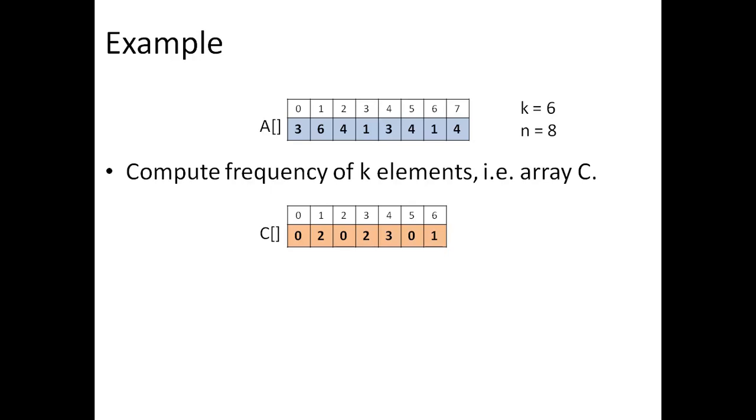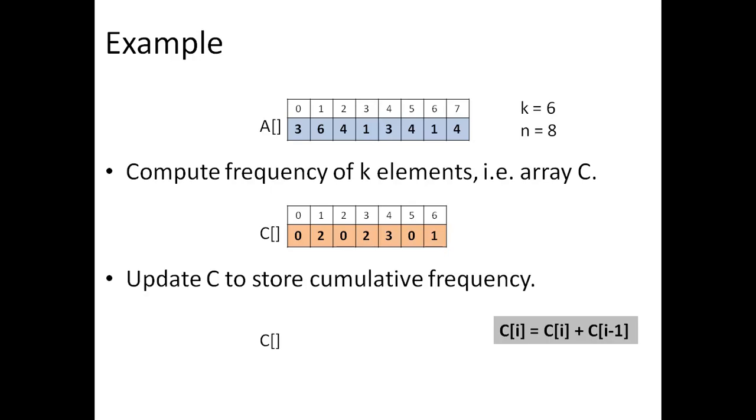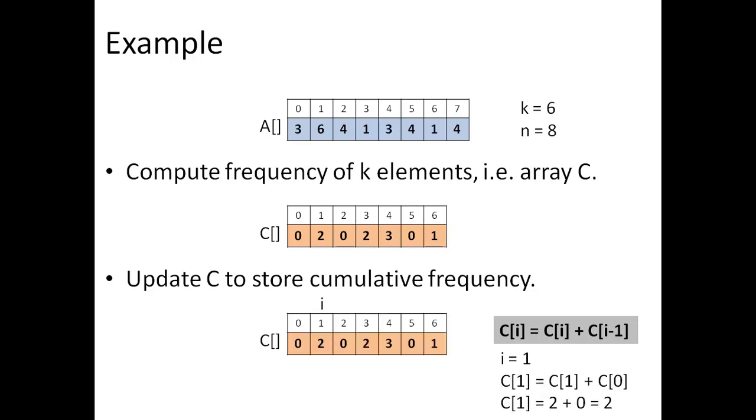Now we have to compute the cumulative frequency, and for this we will start with the lower index of array C and update Ci to the summation of Ci and Ci minus 1. Starting with index 1, C1 becomes 0 plus 2, that is 2.